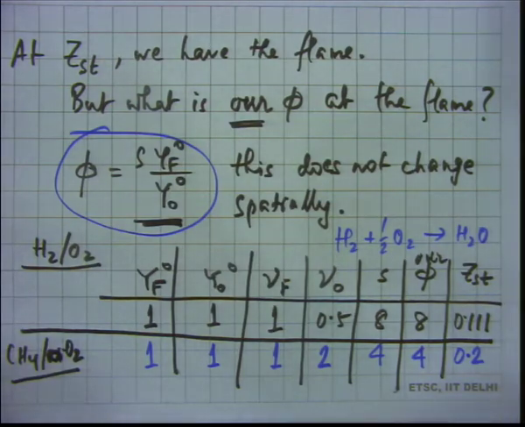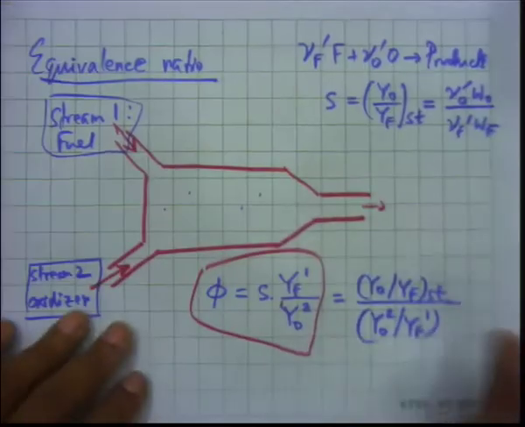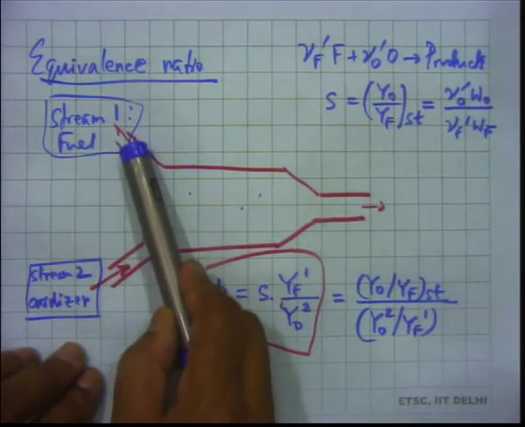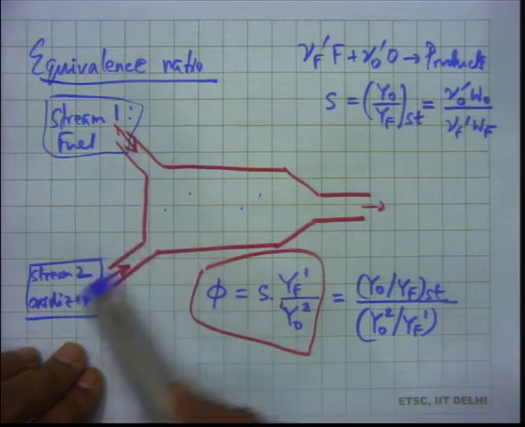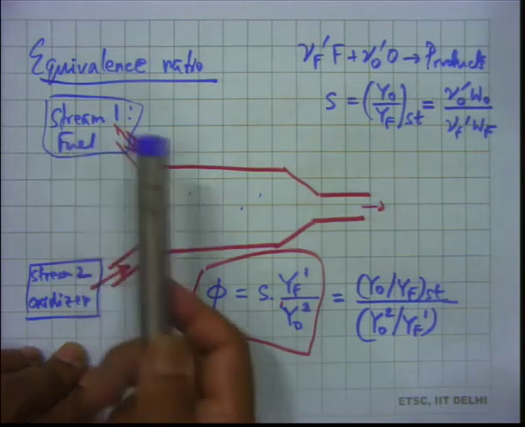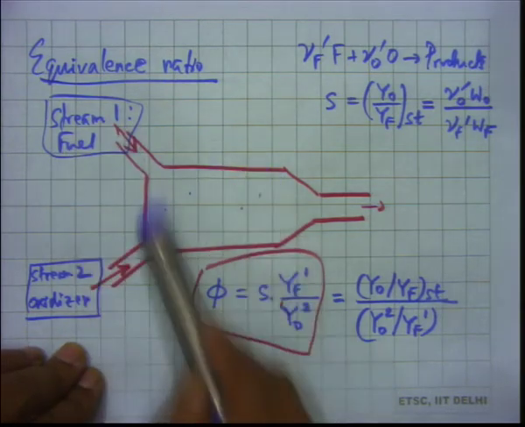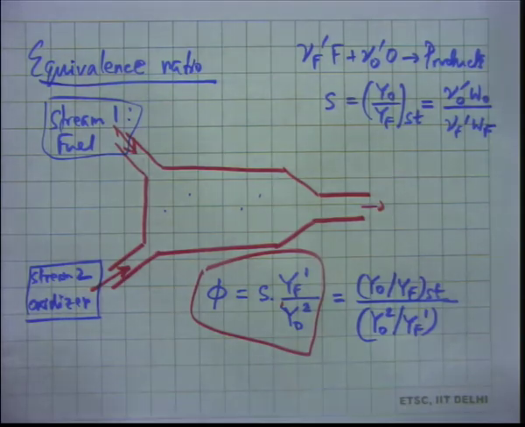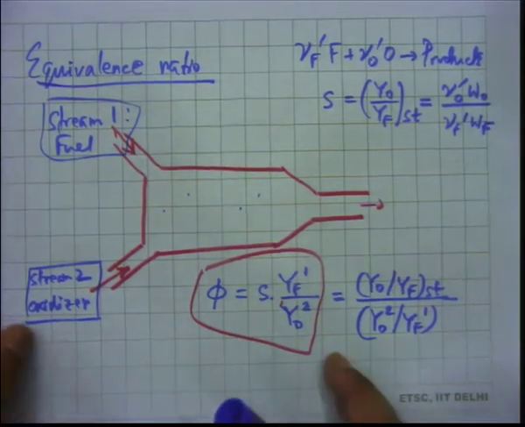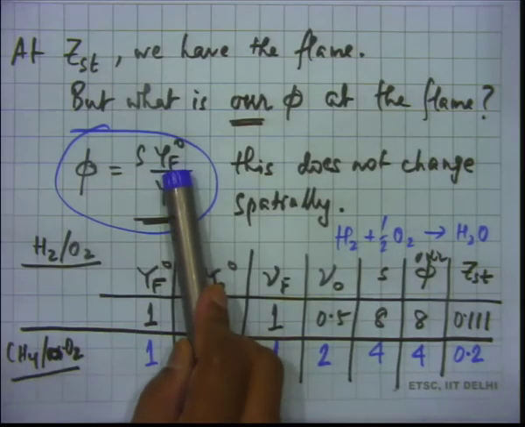This does not change over the domain, because this is based on S, which is a fixed number, and it is also based on y f naught and y o naught, which are defined by the streams. They depend on the streams. So, the values of y f naught and y o naught define their values in the streams. In the domain, what happens, we do not know. There will be variations. Okay. So, in the domain, this phi will not change values.